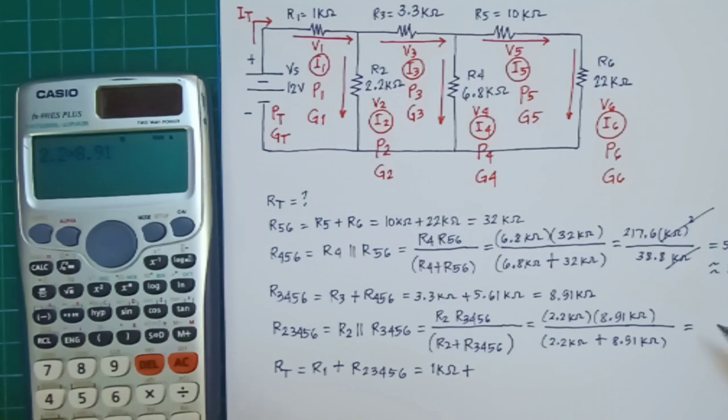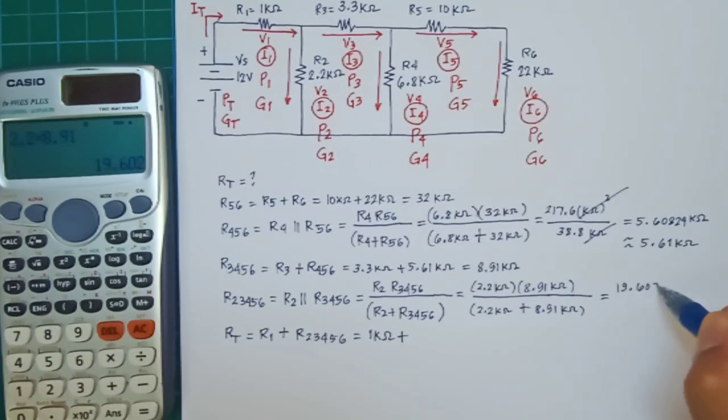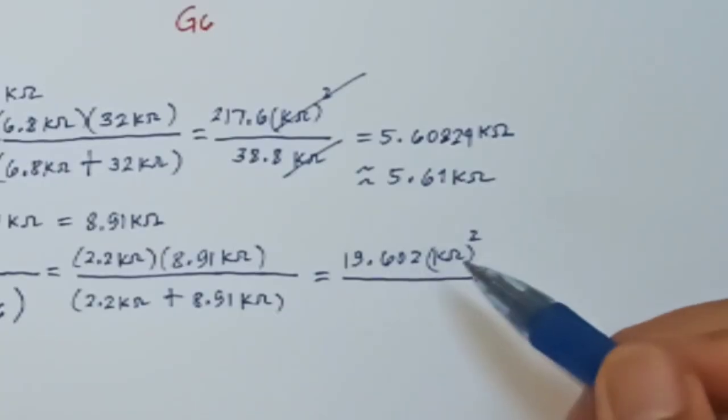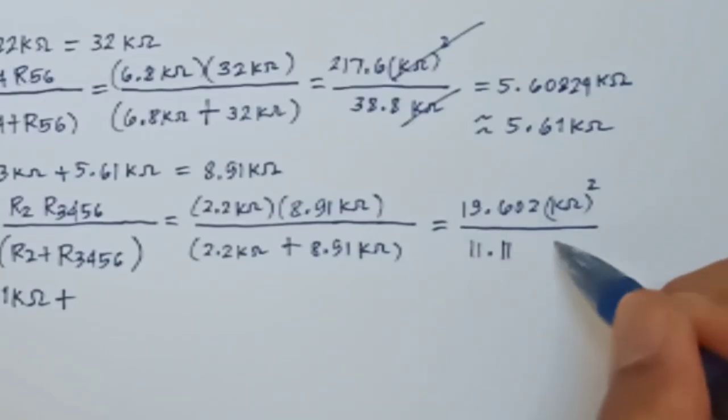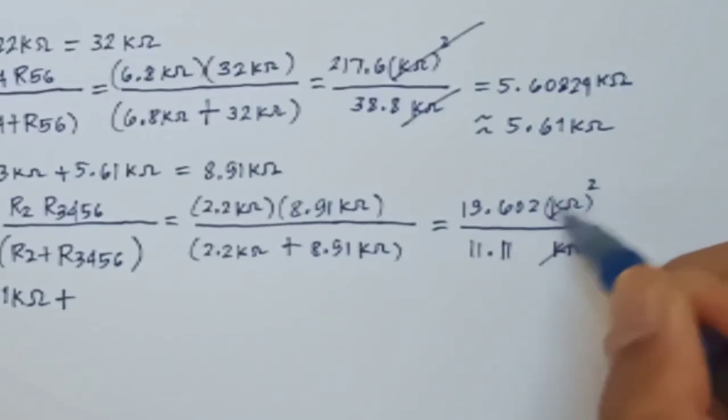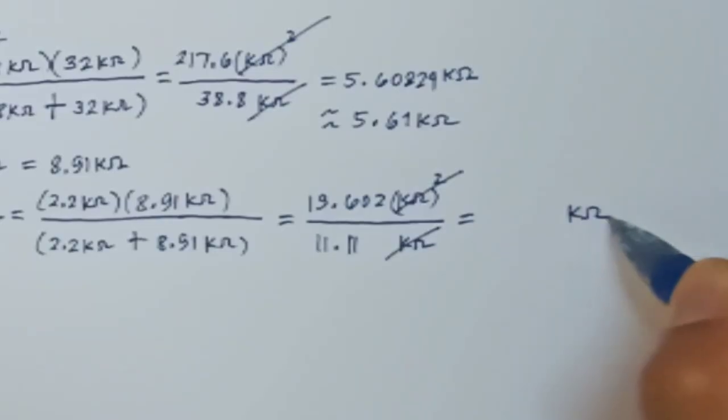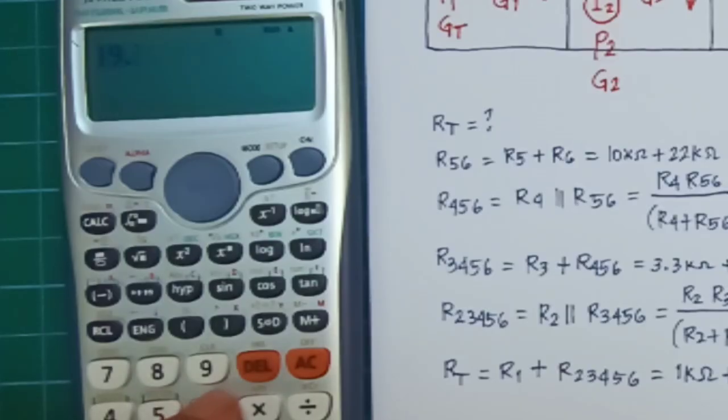And we will get the product over the sum of the two resistors that we calculated. We got 13.6 kilo ohms squared, and we will divide it by the sum, which is 11.11 kilo ohms. Cancel one of the kilo ohms there, and we will get a final answer also of kilo ohms.